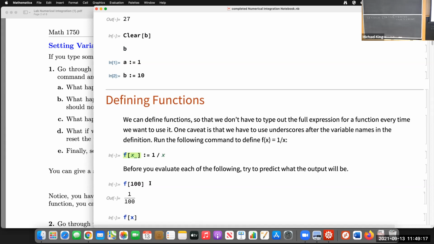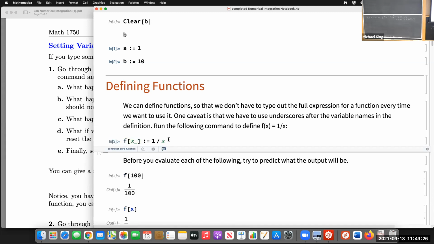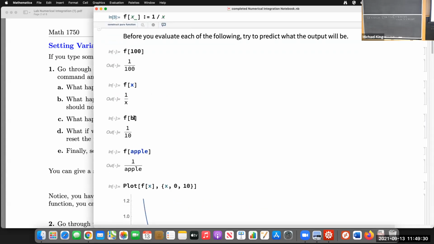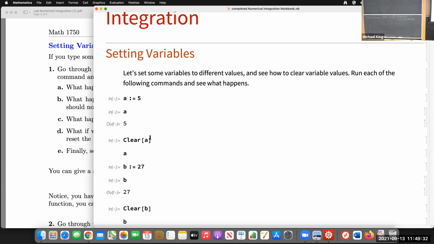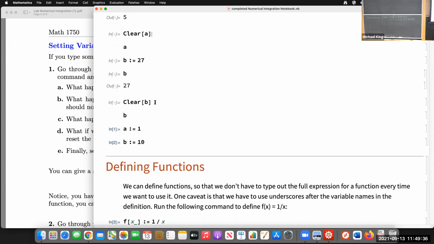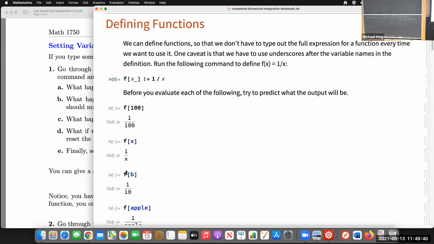By the way, notice how the x's are blue, like this x is blue down here before I run this. After I run it, it's still blue. I think if I clear the value of B, then this f of B is blue right there.